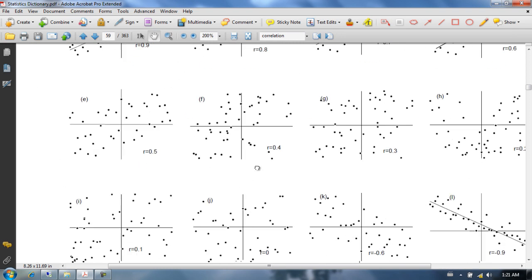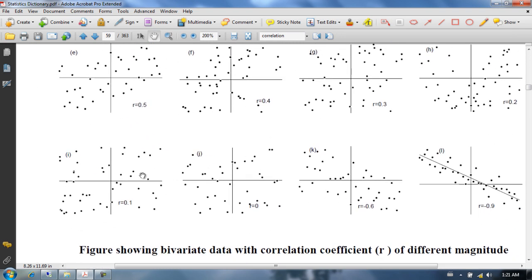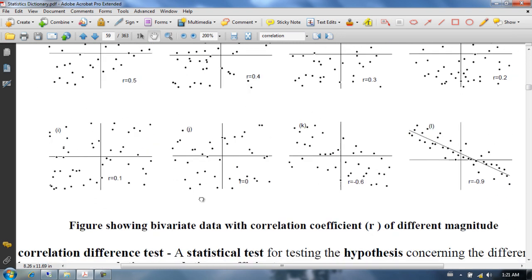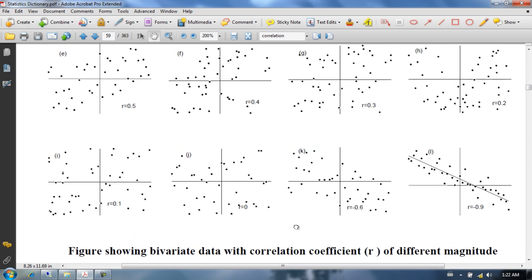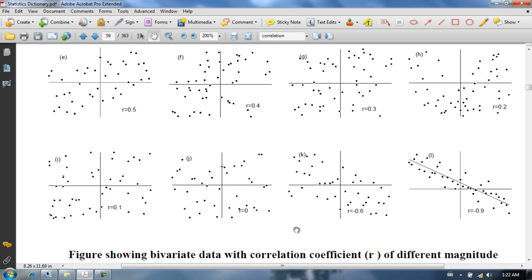So 0.2, 0.1, 0, there is no correlation, and here is the -6, and also here is the -9. So that's related to a correlation coefficient.